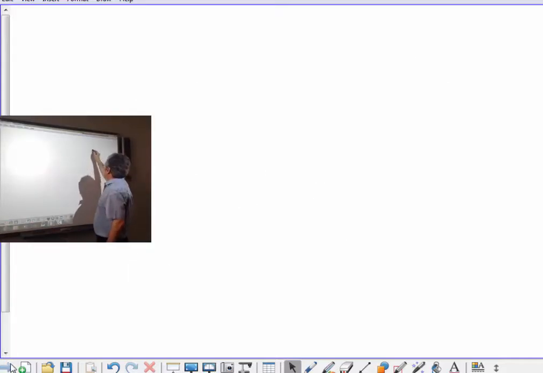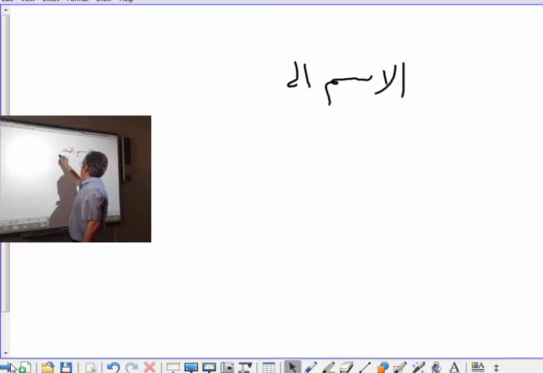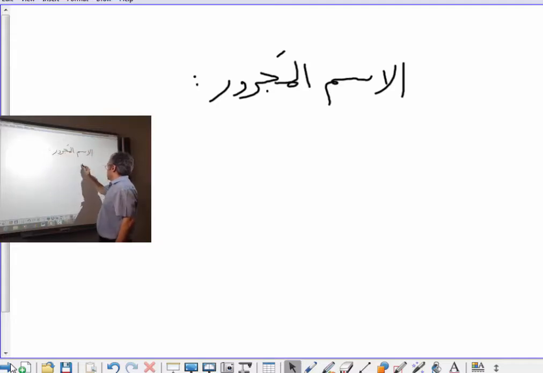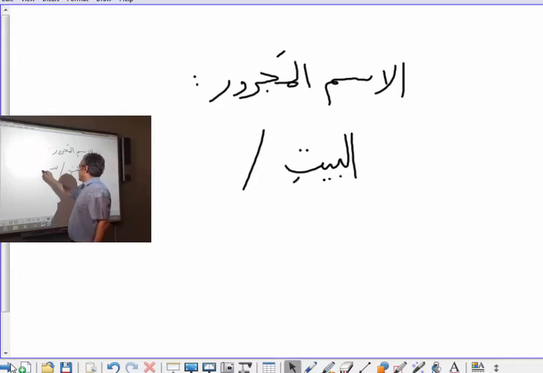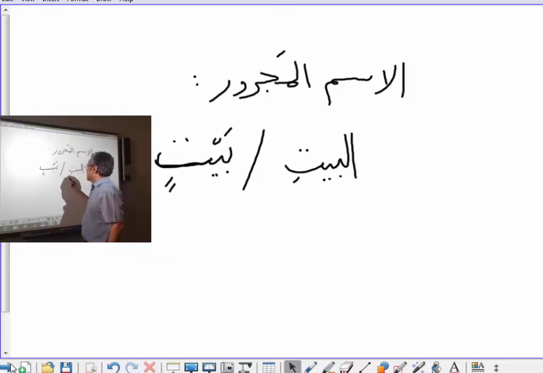Maybe you can look at al-ism al-majroor. As you see, they use the word genitive, but we don't need it. Al-ism al-majroor, like I say, al-bayti with kasra, and we have baytin. It's the tanween al-kasr. We call it tanween al-kasr.